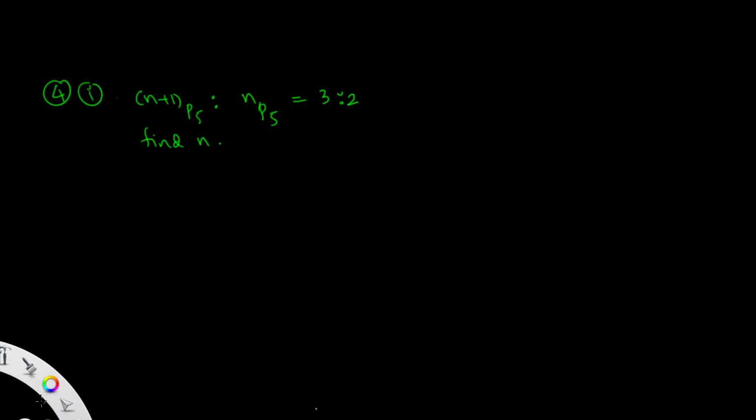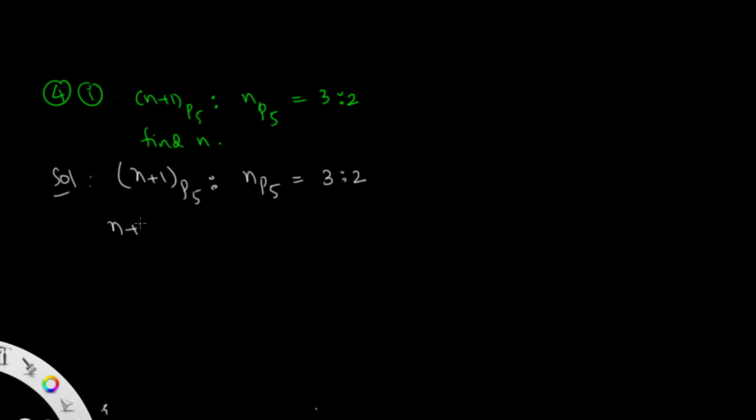So this is the question given. n plus 1 P5 is starting with n plus 1 and writing 5 terms, and the ratio with nP5 is given as 3 is to 2.